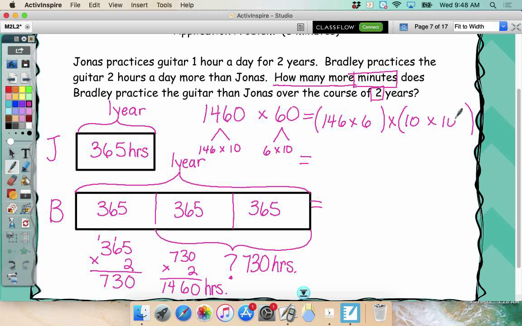Good. Now Lillian said, you don't have to multiply the zeros, just multiply the whole numbers. She was getting ready to say that, and I interrupted her. Was she right? Yes. So we just multiply these whole numbers here. 146 times 6.